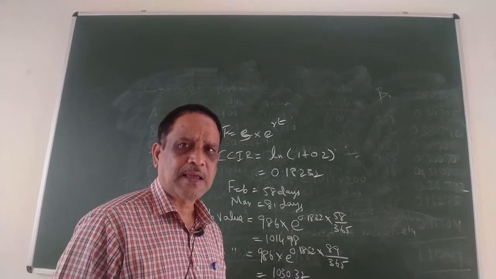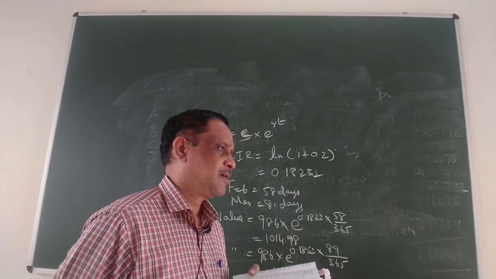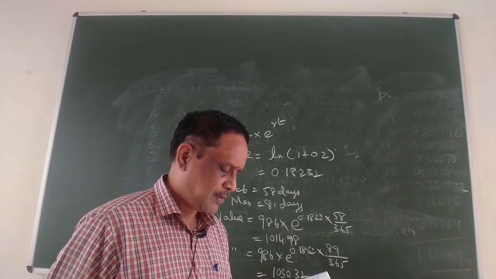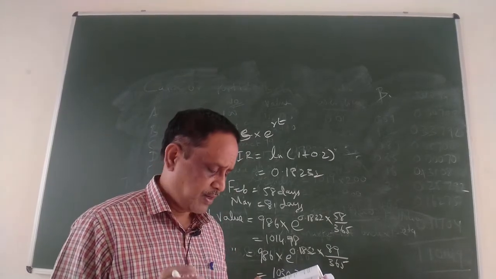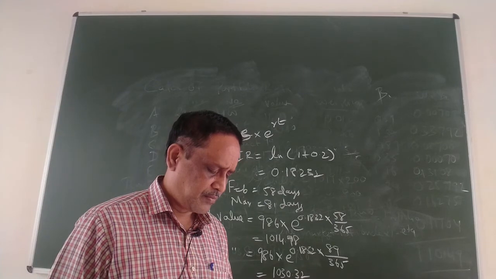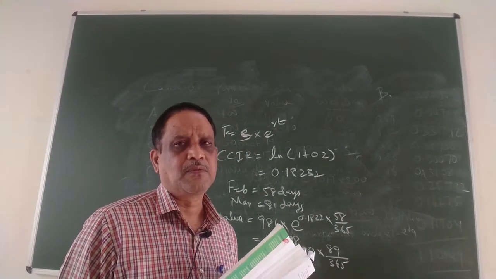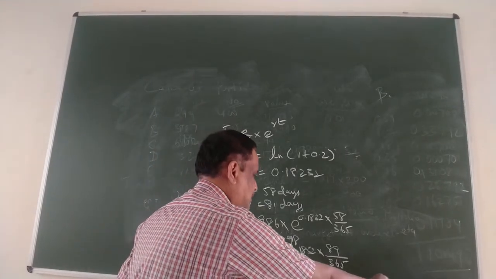The formula for calculating the number of contracts to be sold is value of the spot position or value of the portfolio divided by value of the futures contract, or one lot value of the index. Okay, so let us do that.